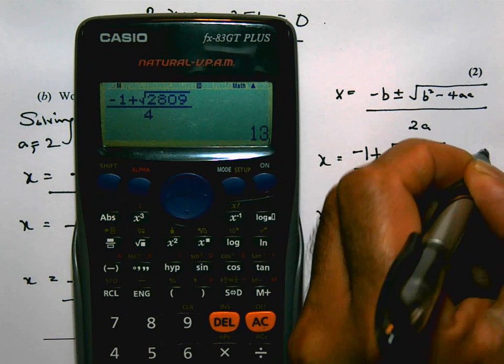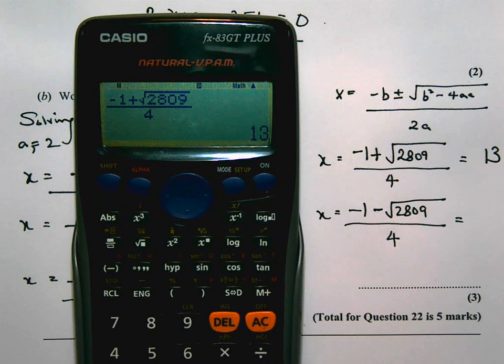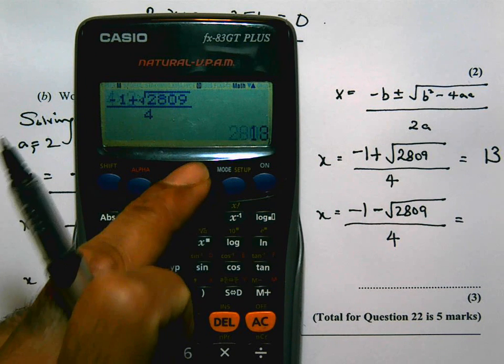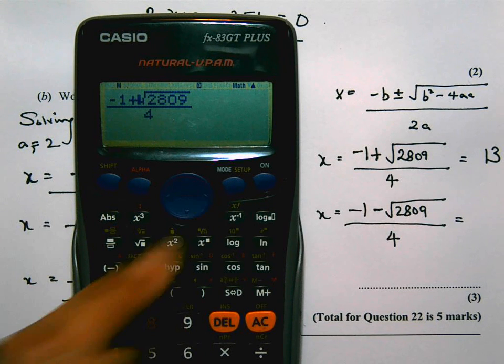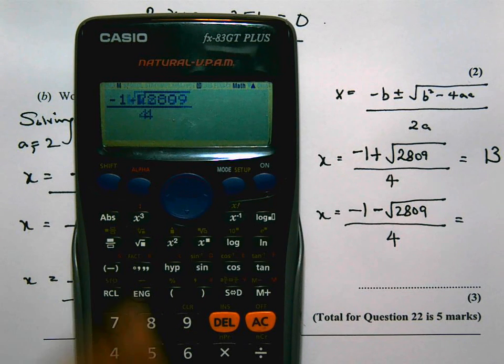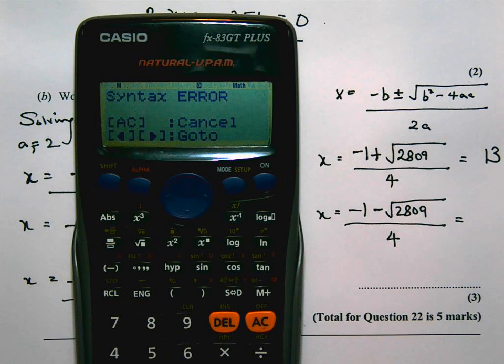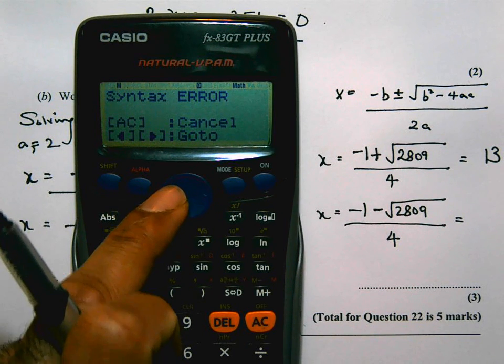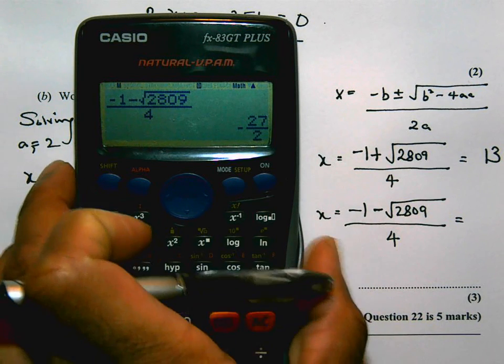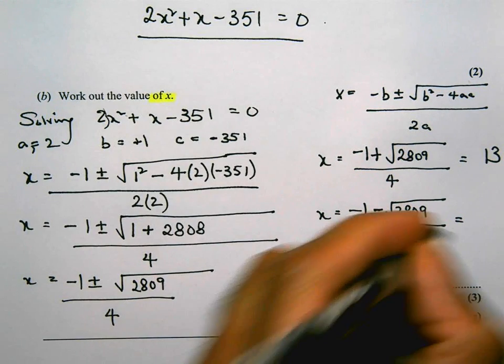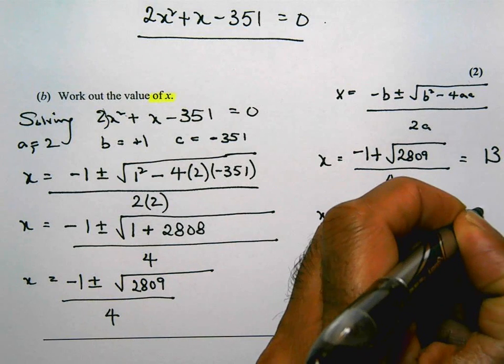And then if I go back and change that to a minus, equals, okay, let's go back. I think it's this minus that I should have used. Equals, yep, it's minus 27 over 2, which is actually minus 13.5.